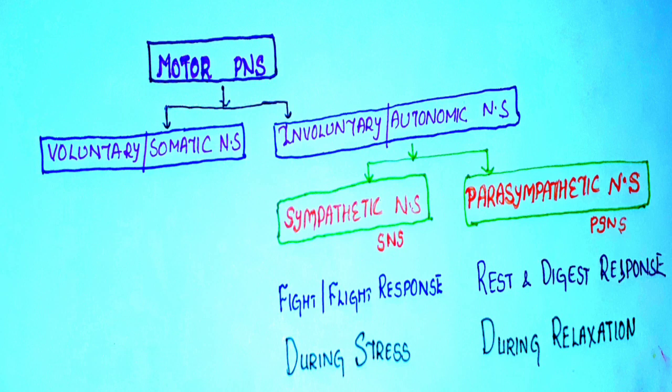But when we are under stress or doing any work, sympathetic activity will go up and parasympathetic activity will go down. For example, after having a full meal, when we are going for a walk on the road and we see a dog chasing us, we run away to escape from it, and it is under our control.